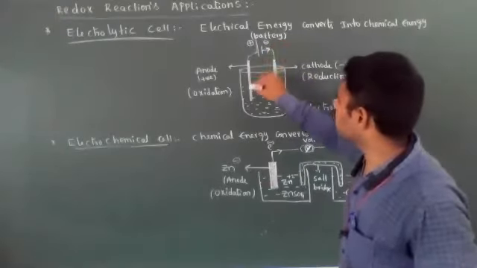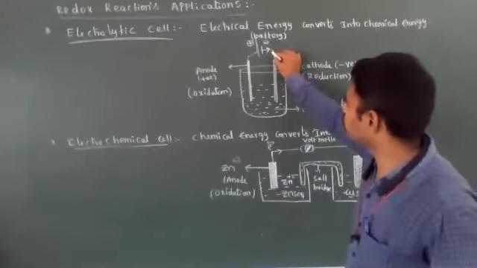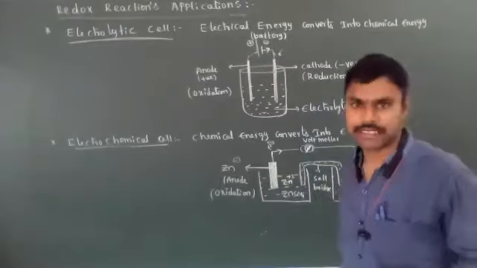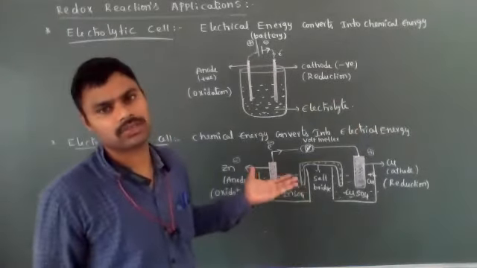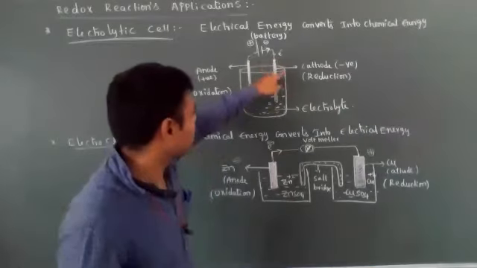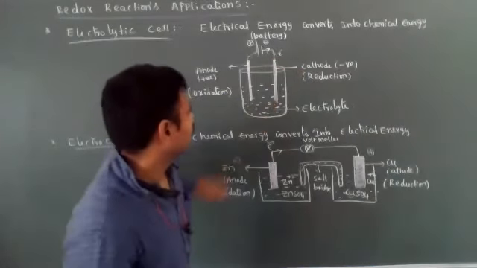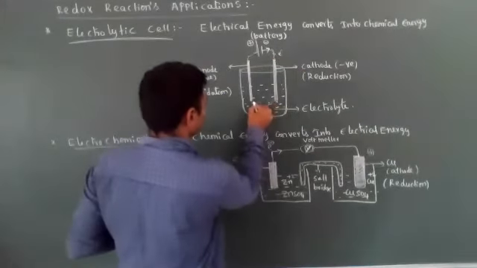Then the charge will be transferred, electrons are moving, which means current. What is current? Current is nothing but the flow of electrons. Electrons enter from the cathode and are transferred towards the anode side.